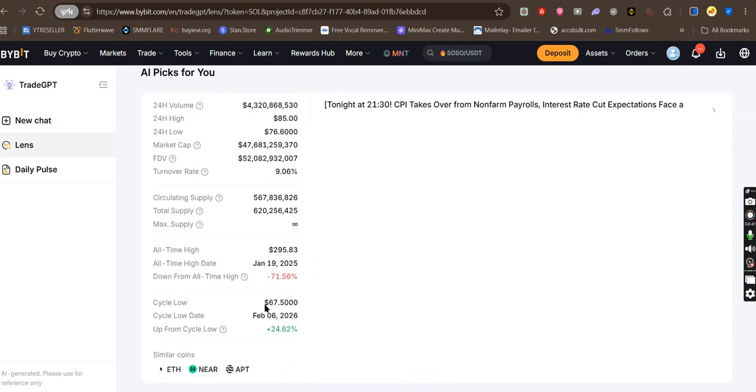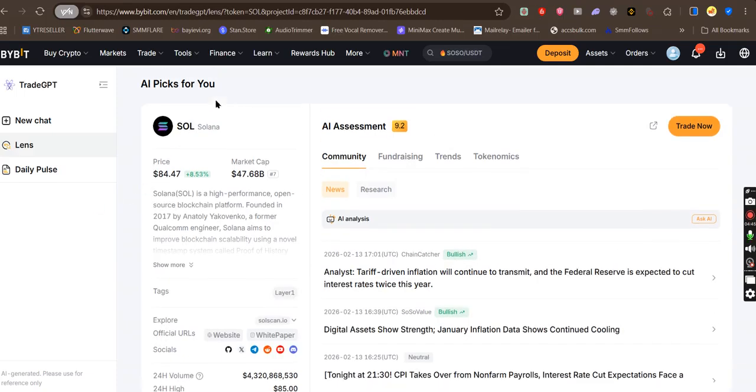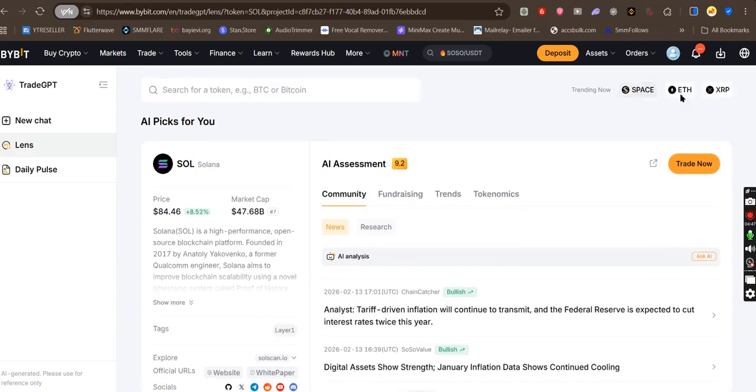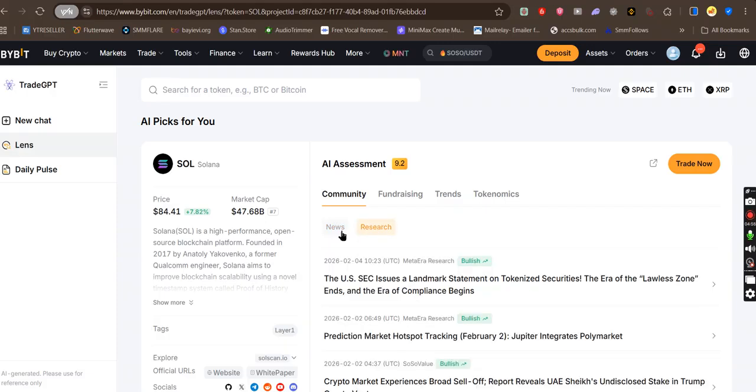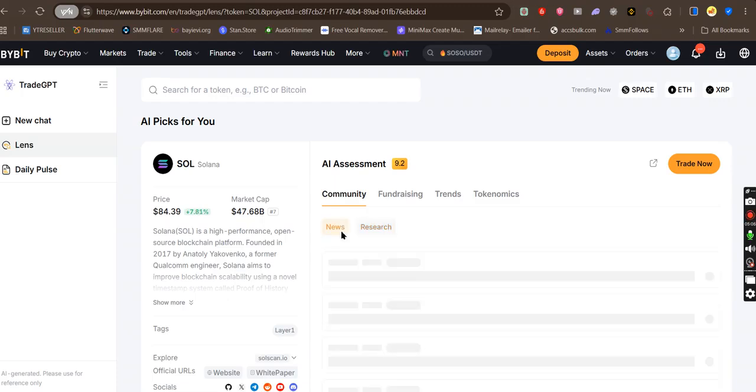It has picked only one, and it is Solana. So it says Solana is safe. Yeah, so that is that.